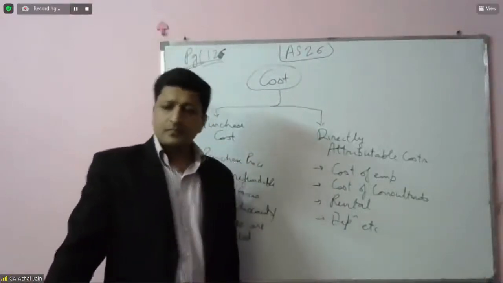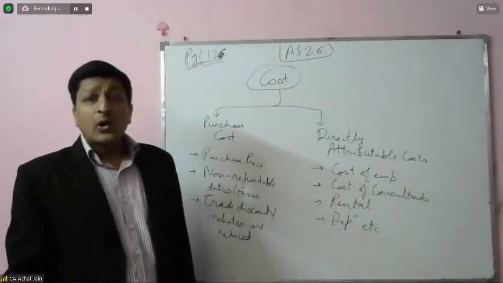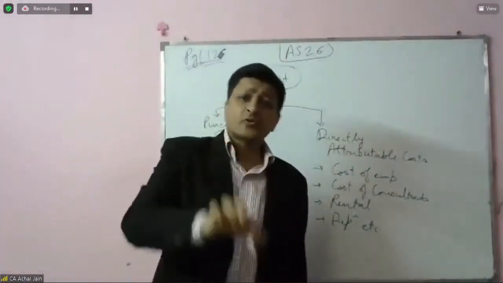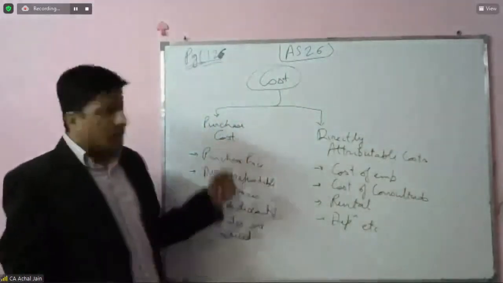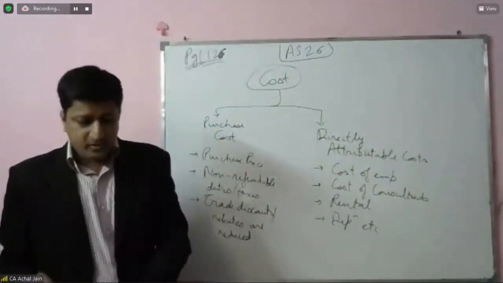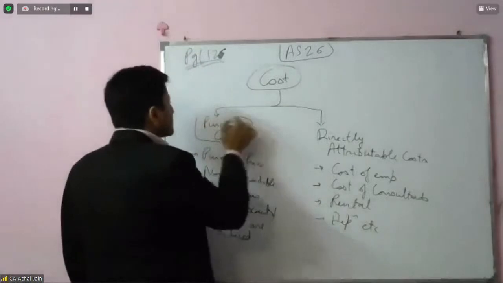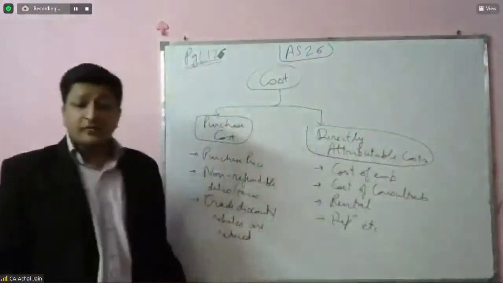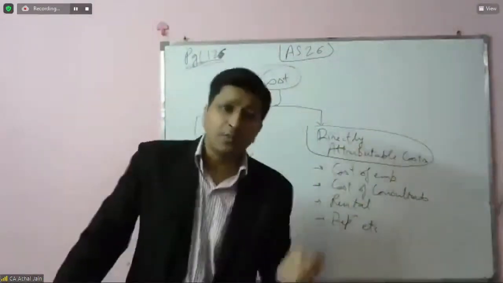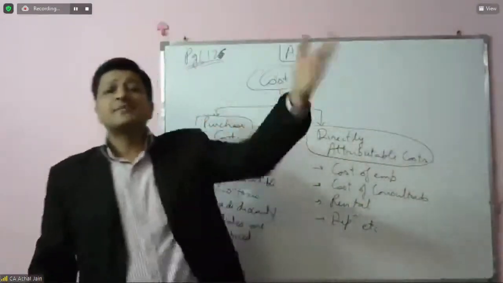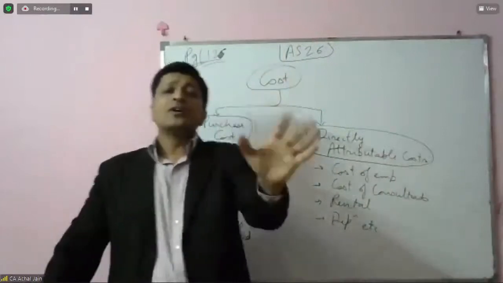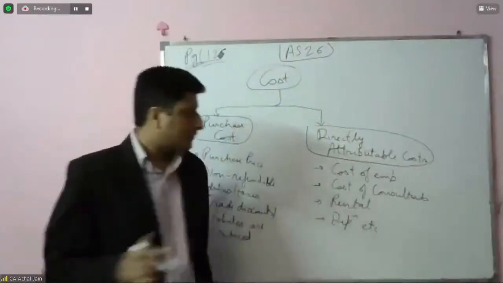Okay. Now, whenever you look at PPE in terms of its cost, it was not limited to two components. So far, we have discussed two components, purchase cost and directly attributable cost. In case of a PPE, there is also a third component that is called dismantling cost, asset retirement obligation, dismantling obligation. We don't have that third component over here.